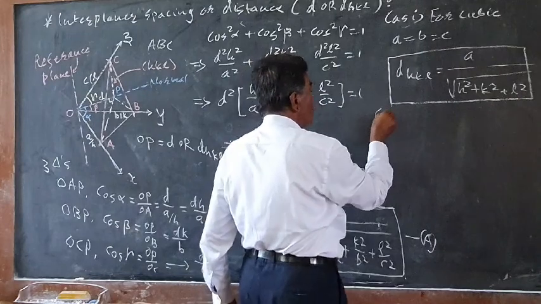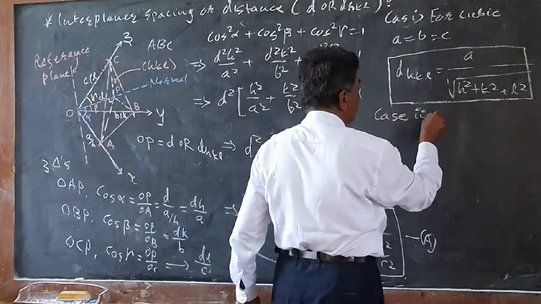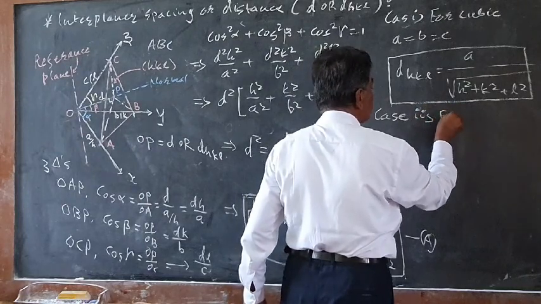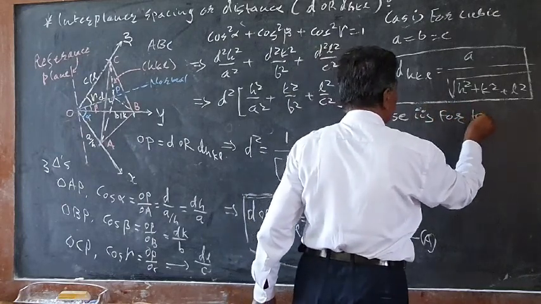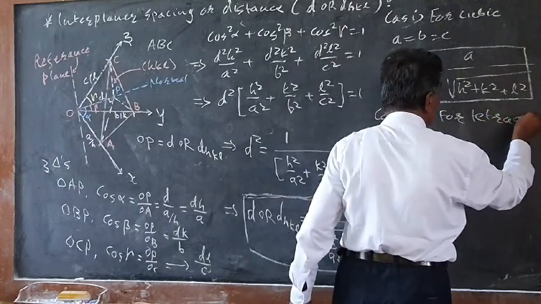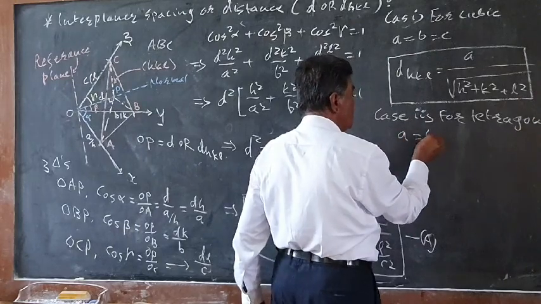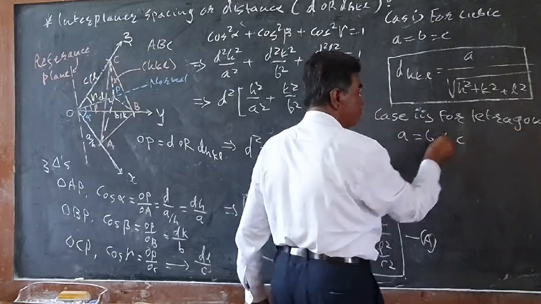For case 2, the tetragonal system, we know a is equal to b is not equal to c.